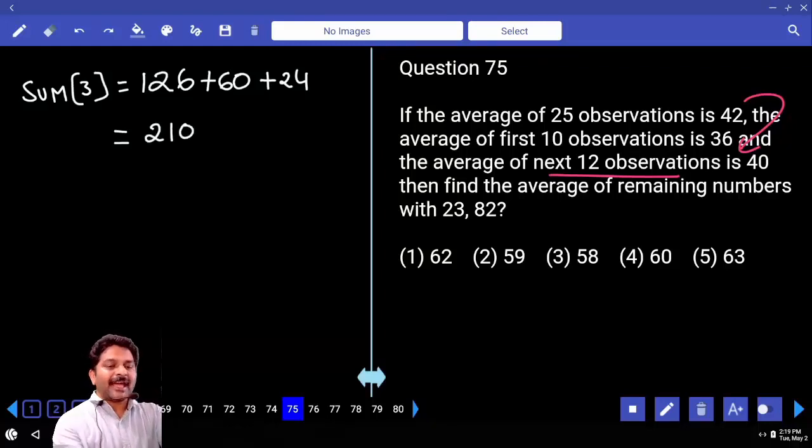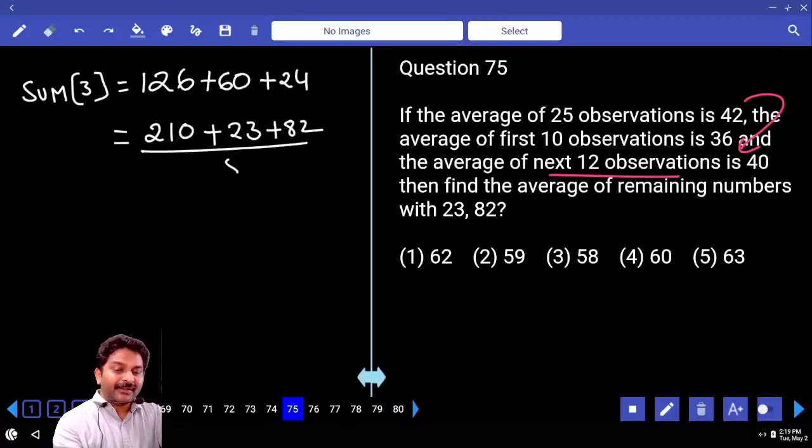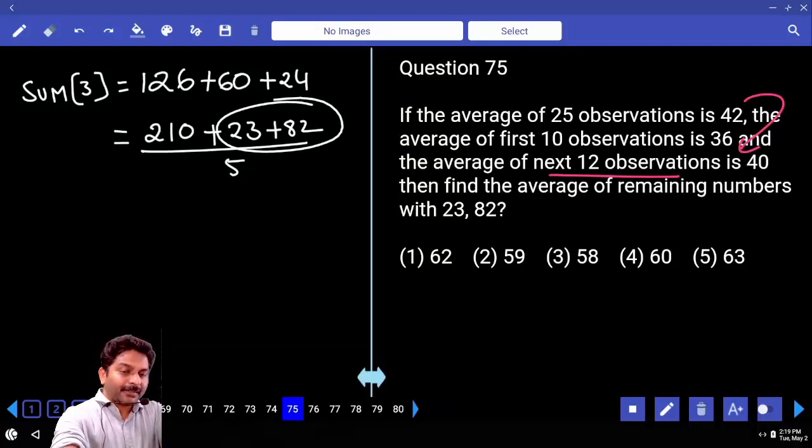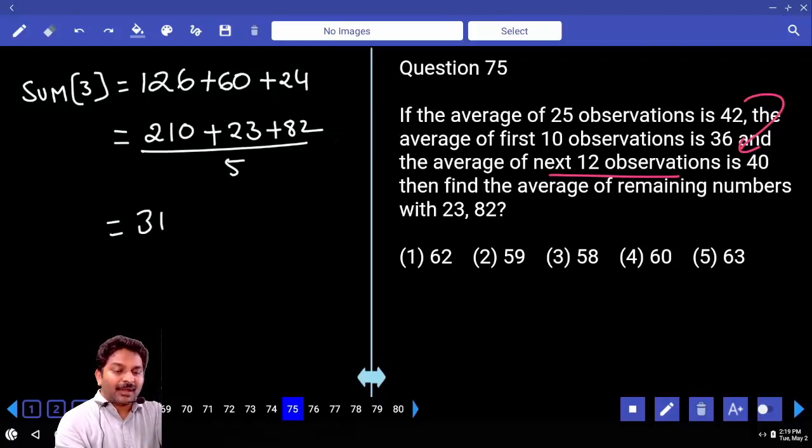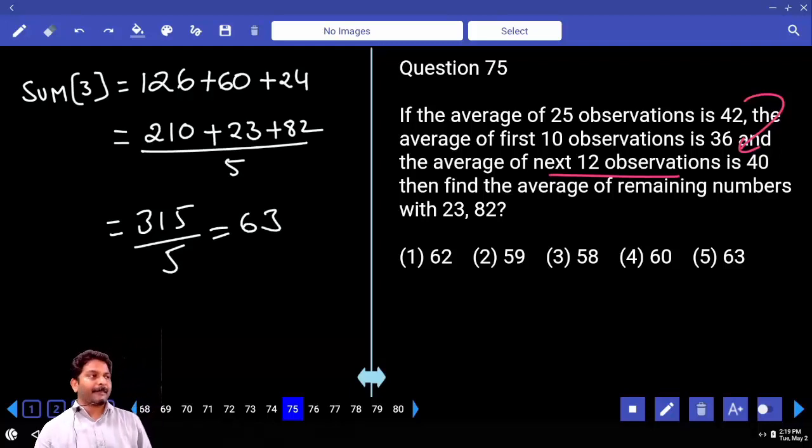Now we were asked to calculate the average of these 3 numbers along with 23 and 82, the average for 5 numbers. Is that okay? What is the sum of these 2 numbers? 105. 210 plus 105 is 315, divided by 5 is 63.